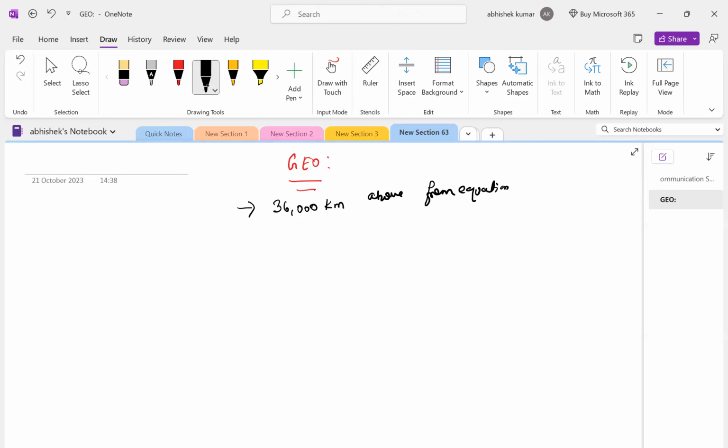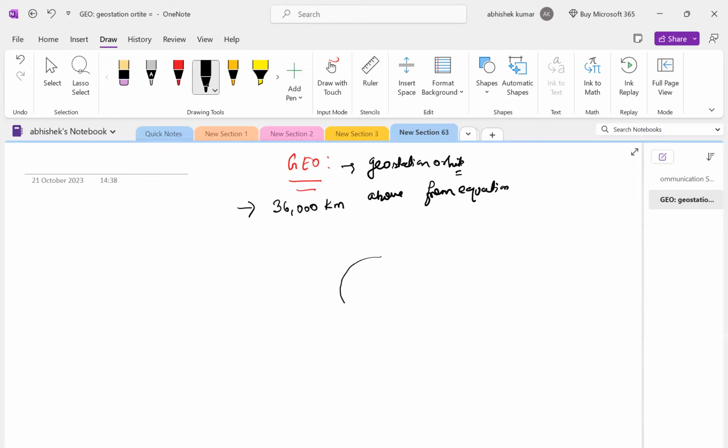This is the geostationary orbit, also called the geo-equatorial orbit. Why are we placing the satellite at this orbit?